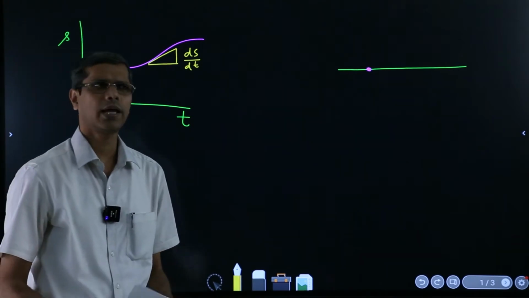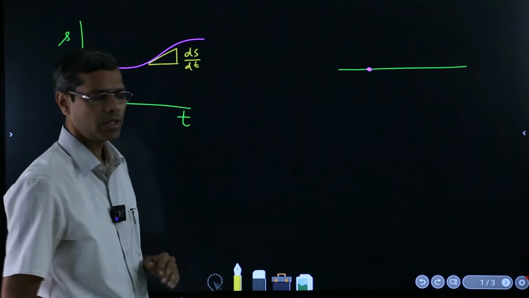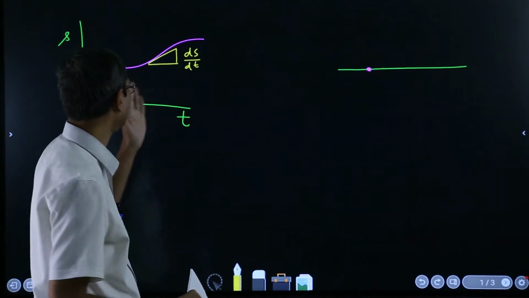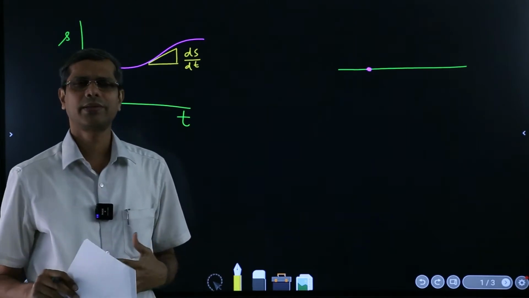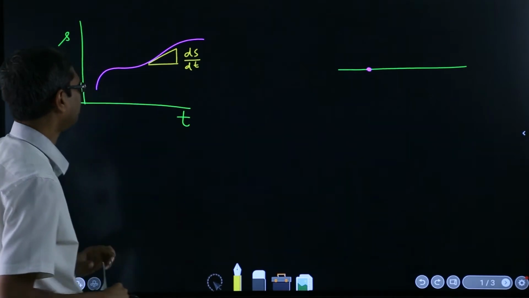Whenever we look at any curve or graph, we should think in terms of the slopes and the area under those curves. These always have some physical meaning attached to them.